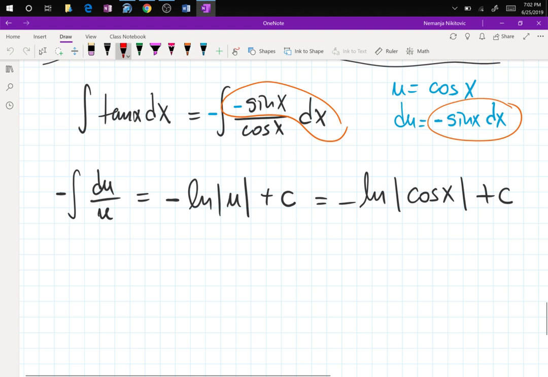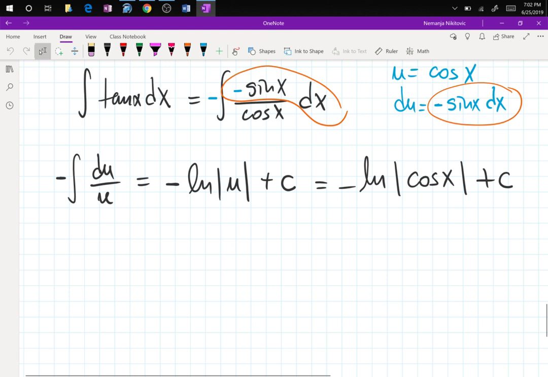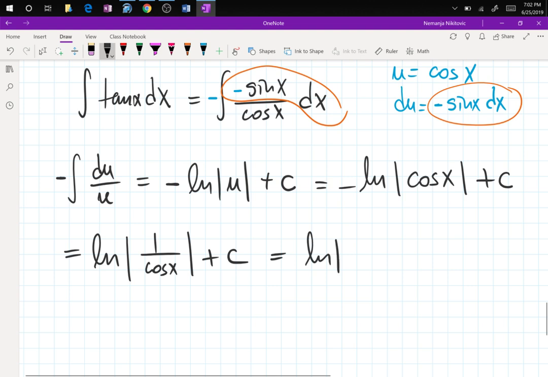When it goes in as the exponent of the argument, it makes it into 1 over. So, ln absolute 1 over cosine x plus c, which is ln secant x plus c. And there it is. So what's the integral of tangent? It is ln secant x plus c.